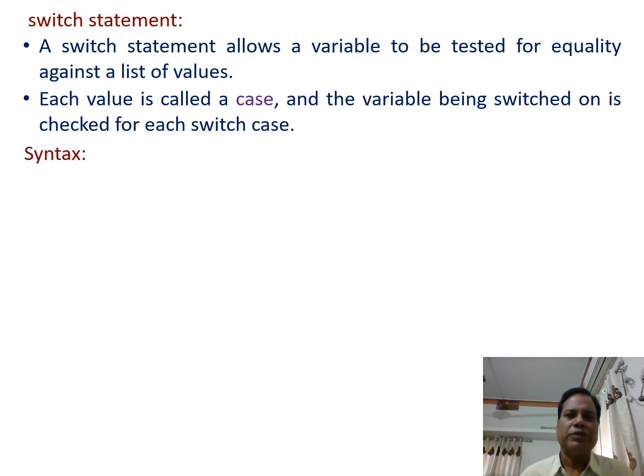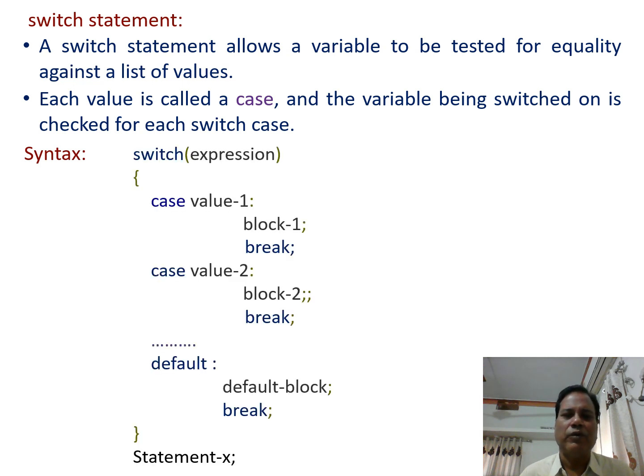The syntax for the switch statement is as given below. Switch, there is an expression. Then within open and close braces, a number of cases are listed. So case value 1 colon block 1 semicolon break semicolon.